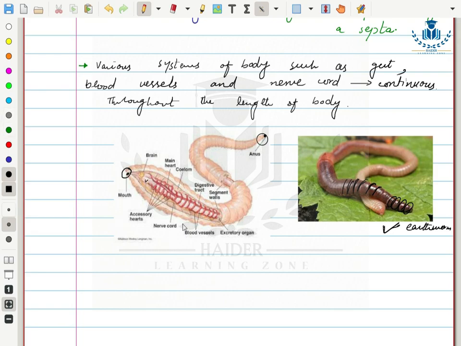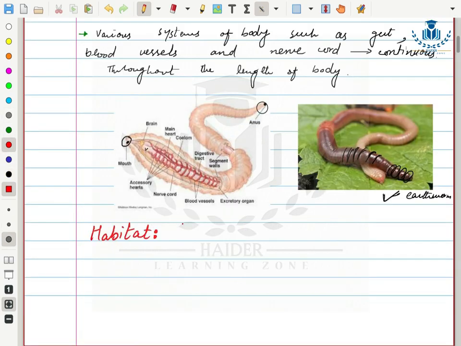Next, we will discuss their habitat. With the formation of developed organ systems, they are adapted to live in various types of habitats. Some of them are marine, such as Nereis. Some of them are freshwater, such as Stylaria.